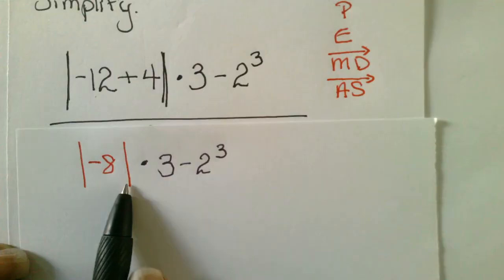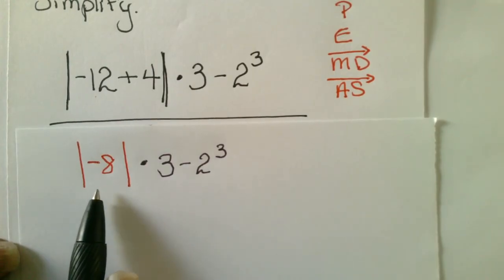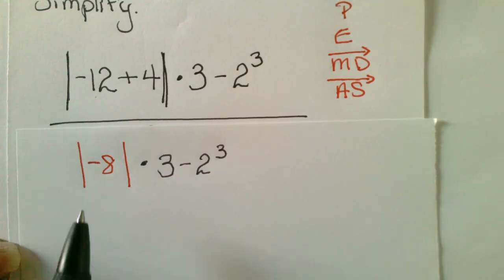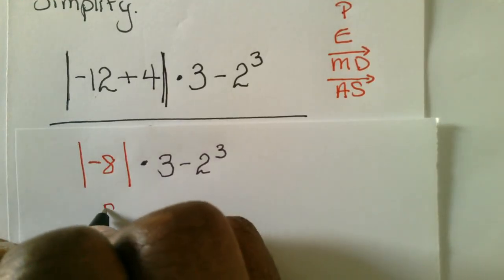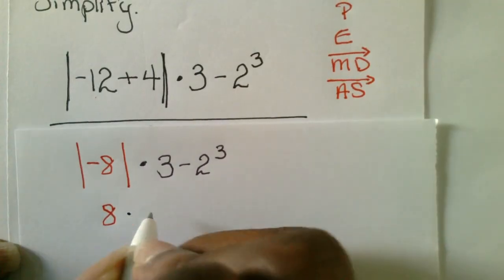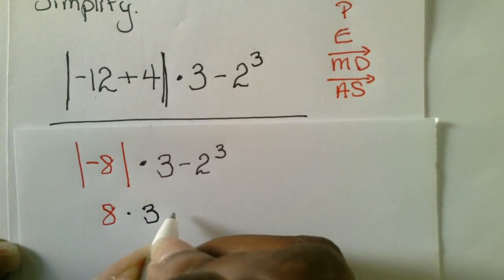Now with absolute values, your numbers always end up positive because the absolute value takes care of the distance away from 0. So the absolute value of negative 8 changes to a positive 8, and everything else comes on down.